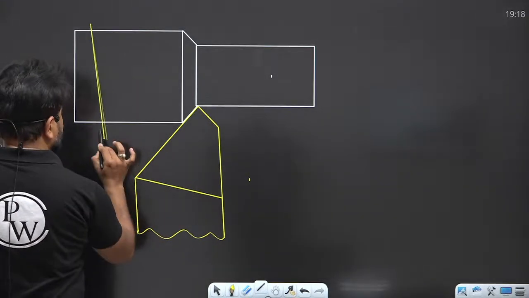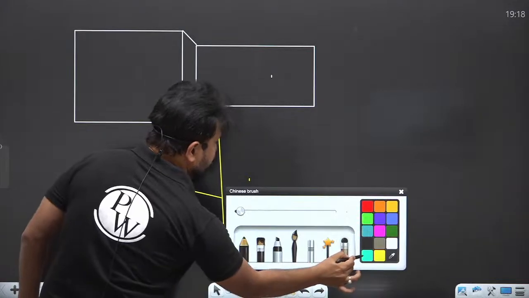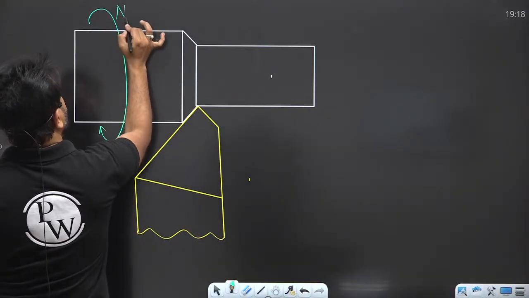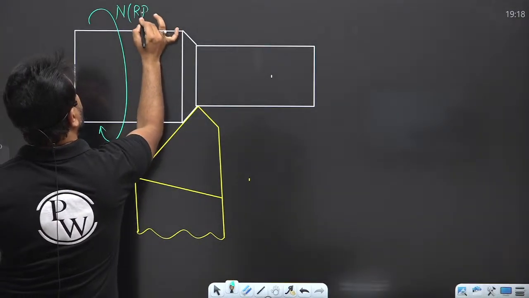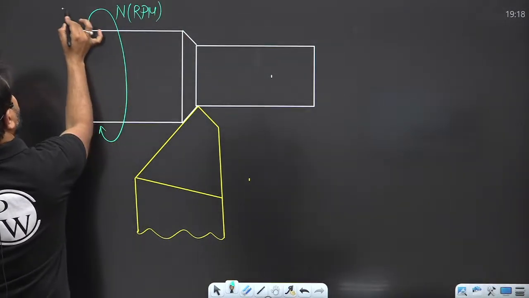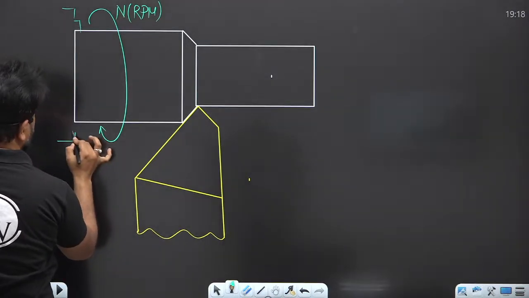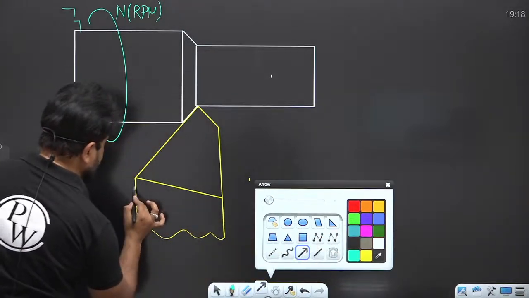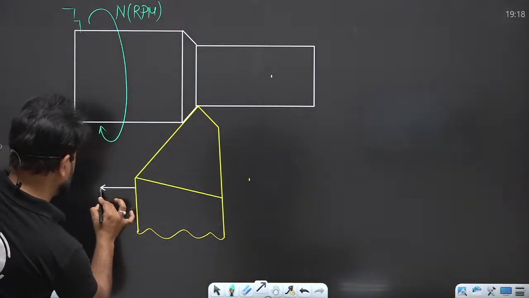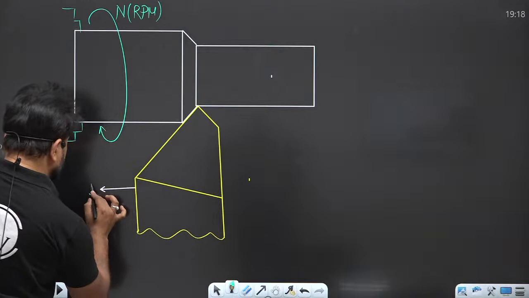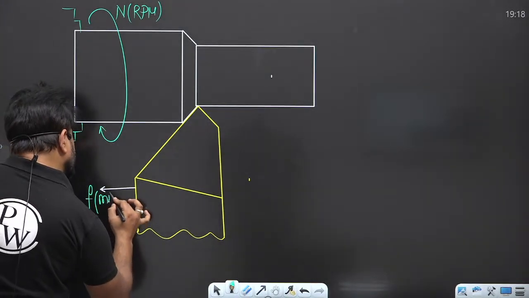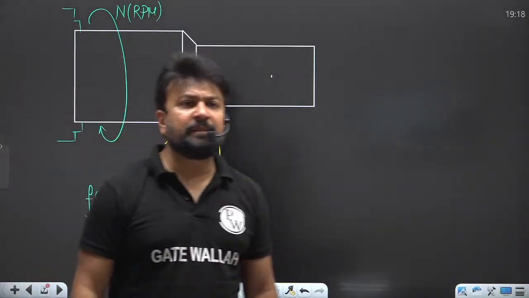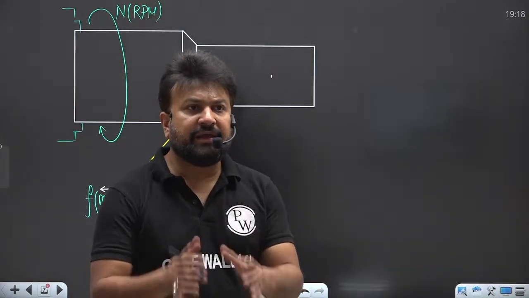Here you have seen that your workpiece is rotating in revolutions per minute. The workpiece is fit in a work holding device that is known as a chuck, and you are giving the feed to the tool, that is feed in mm per revolution.